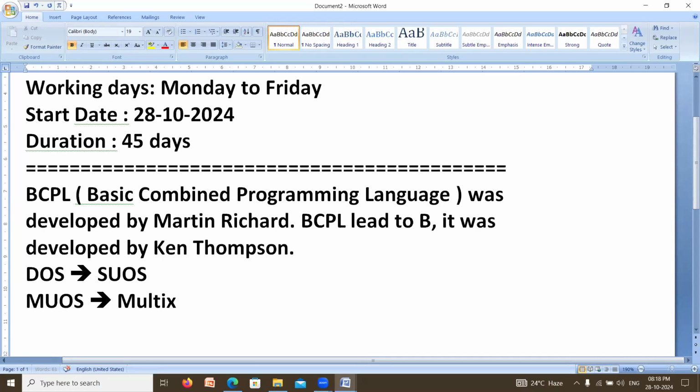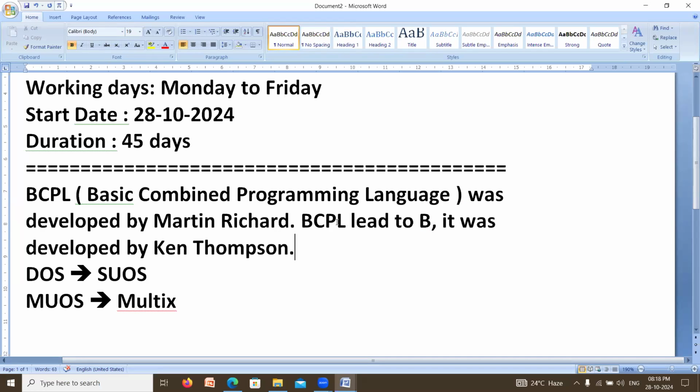Multics is the first multi-user operating system. Today we know some operating system names: Unix, Linux, Windows, Android. All these are operating systems. Multics was developed by using the programming language B.